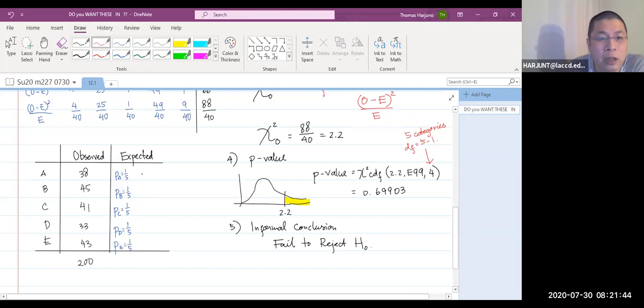So we get 40 there from 1/5 times this 200. Okay, that's how we get that 40. Likewise for the rest, when they say the proportion in the null hypothesis is supposed to be 1/5, then the expected value should be 1/5 times the total. That's how we actually get that second line.